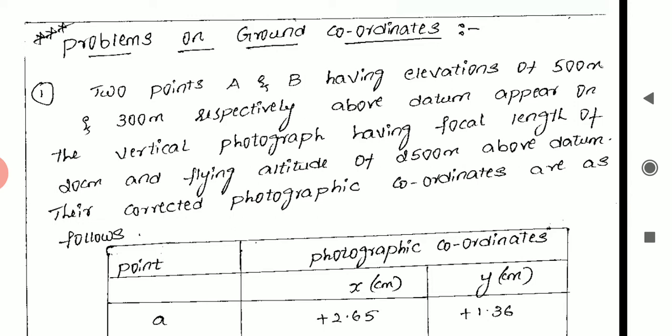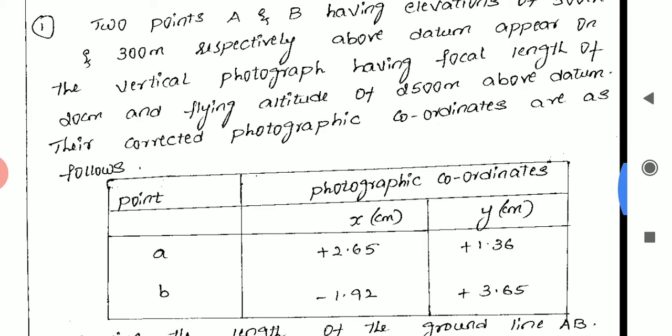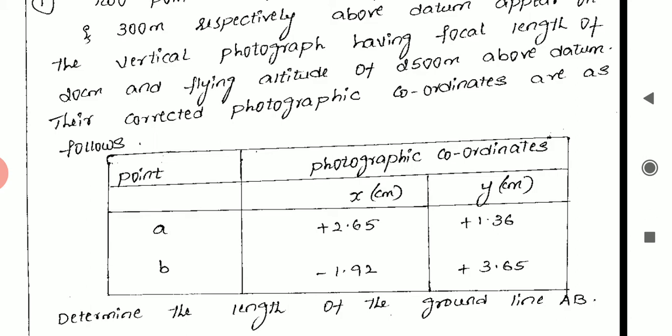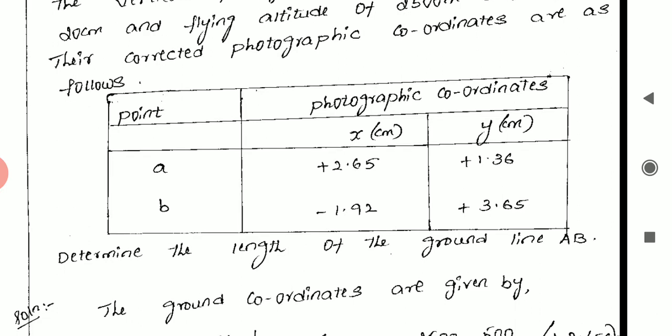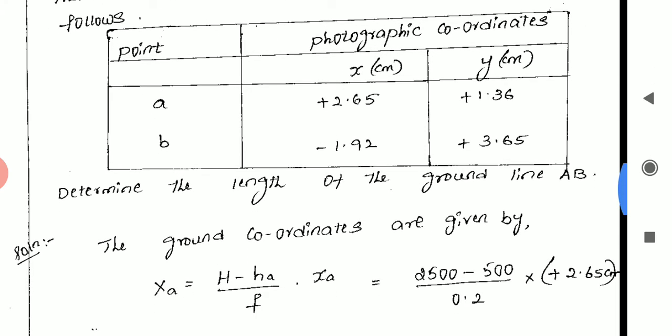Two points A and B, having elevations of 500 and 300 meters respectively above the datum, appear on a vertical photograph having a focal length of 20 centimeter and a flying altitude of 2500 meters above the datum. The corrected photographic coordinates are as follows: the x and y values of point A, and the x and y values of point B, which are already mentioned.